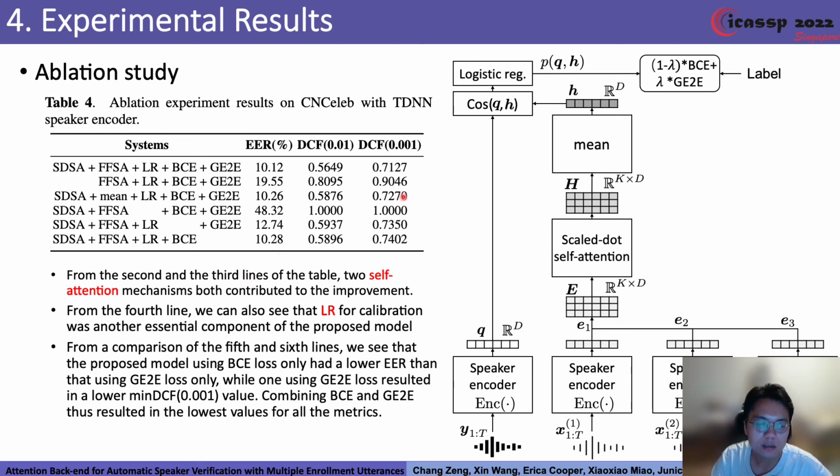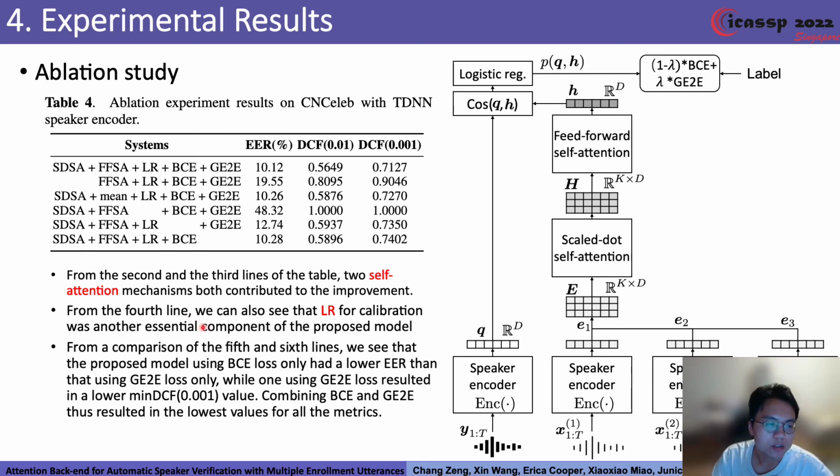Next, let's remove the logistic regression. From the comparison, we can also see that logistic regression for score calibration was another essential component of the proposed model. Next, let's remove the binary cross-entropy and generalized end-to-end loss one by one.